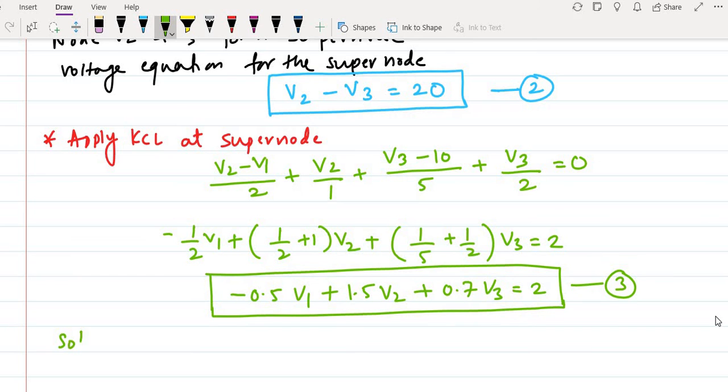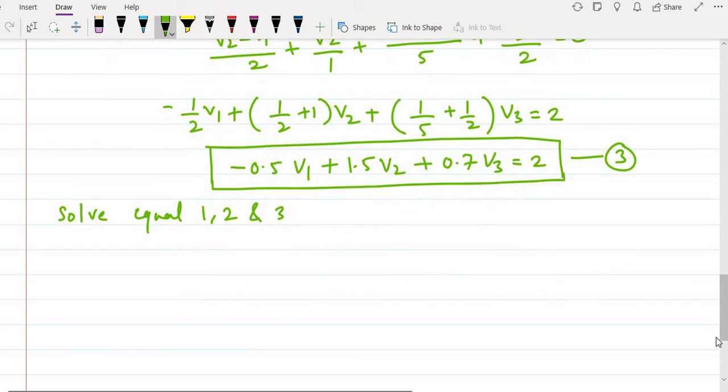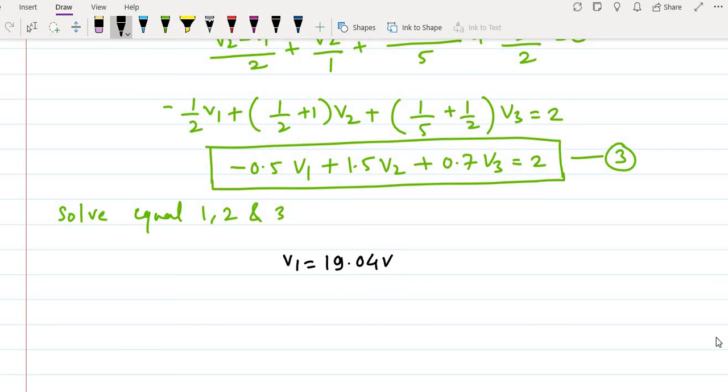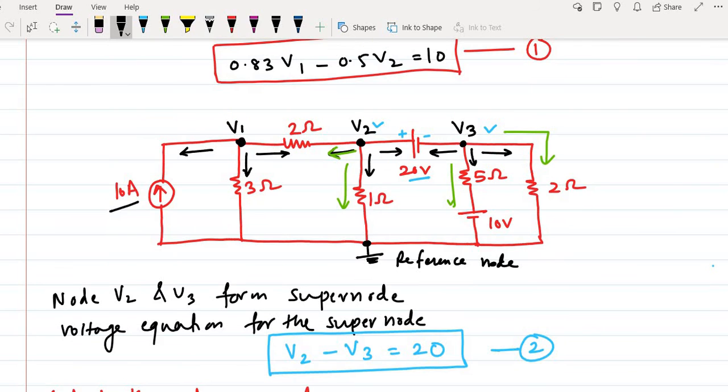Now solve simultaneous equations 1, 2 and 3. If you solve these simultaneous equations in the calculator, you will get V1 equal to 19.04 volt, V2 equal to 11.6 volt, V3 equal to minus 8.4 volt. So we have to find the current flowing through this 5 ohm resistor.